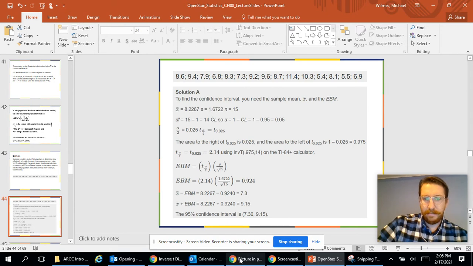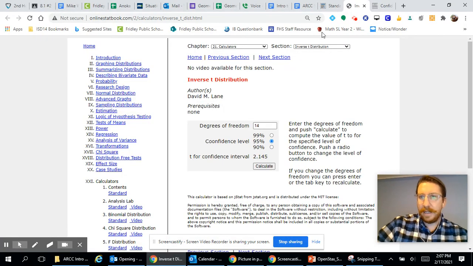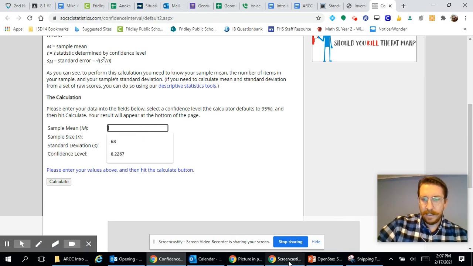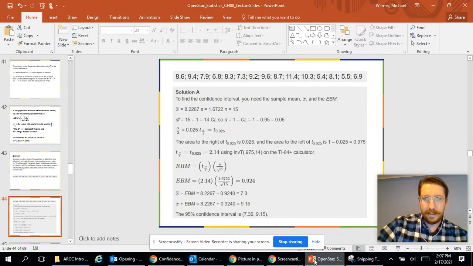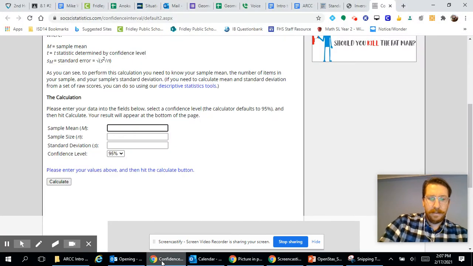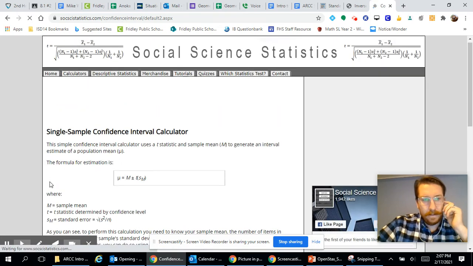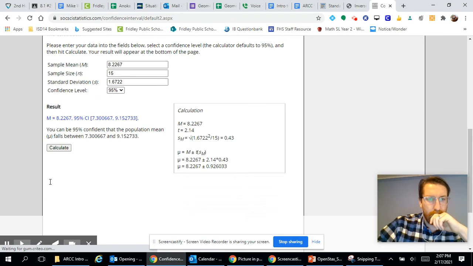We can then go and check our answer on a different calculator. This calculator is pretty slick. 8.2267, sample size 15, standard deviation 1.6, and calculate it.